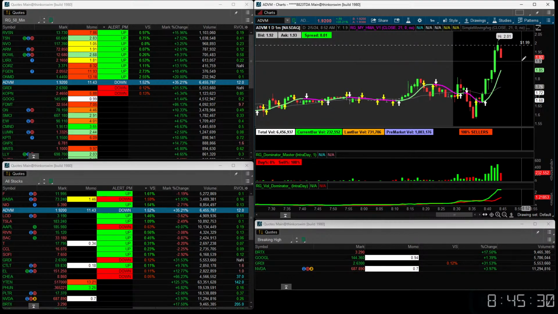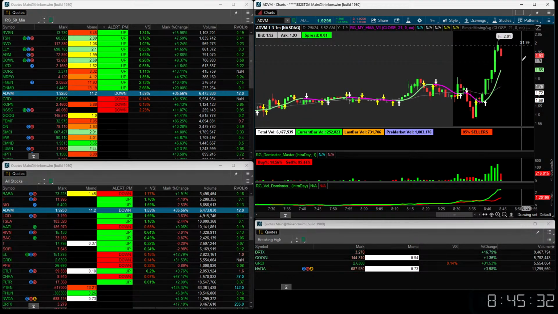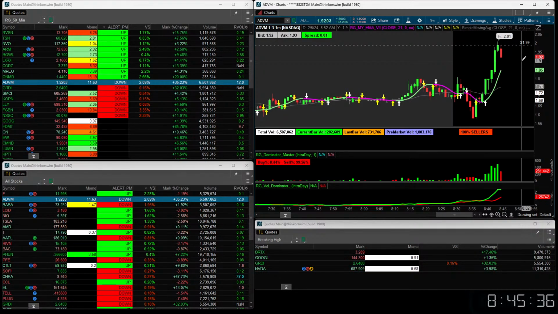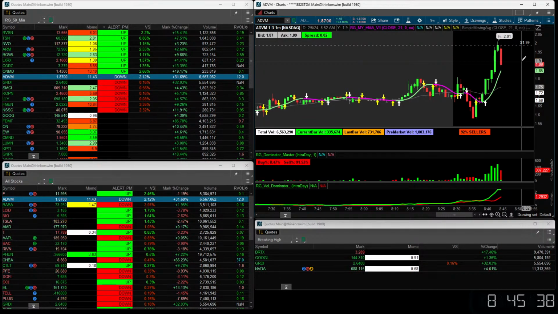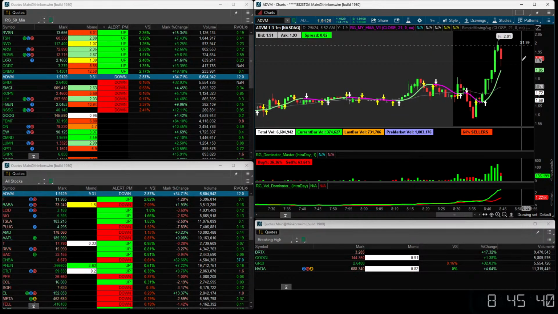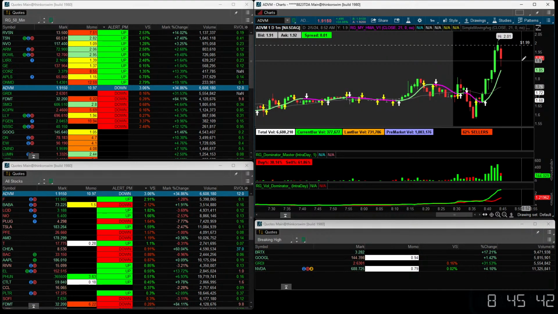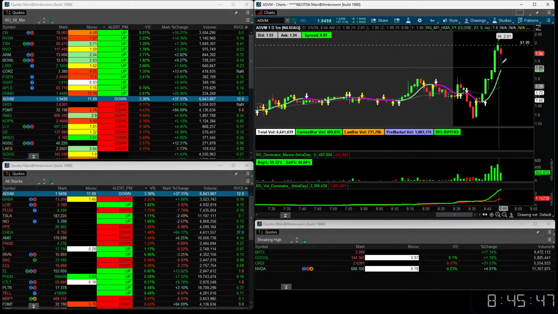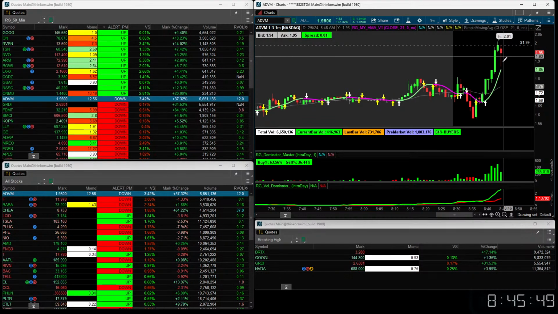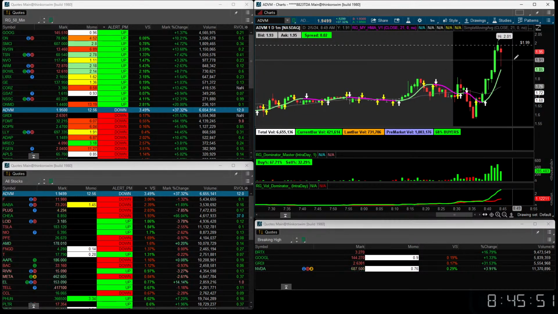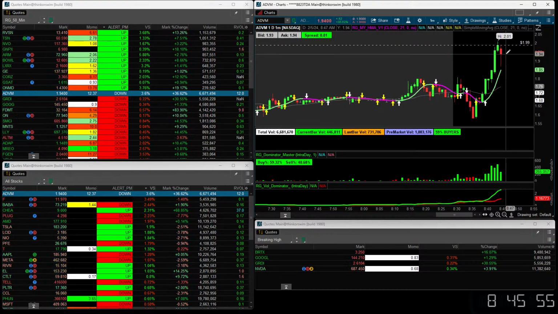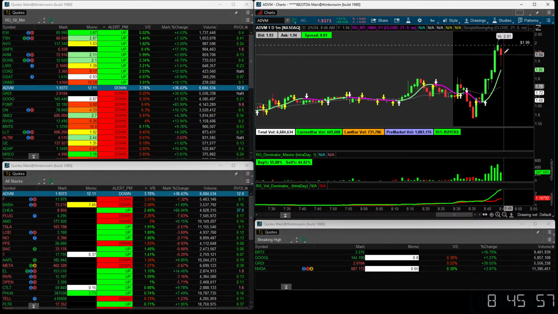I'd like to see it get down in here somewhere. Need this candle to close. I see the buyers coming in. They're buying up what they're selling. Still would like to see it close lower, but this is an indication that the buyers are strong.